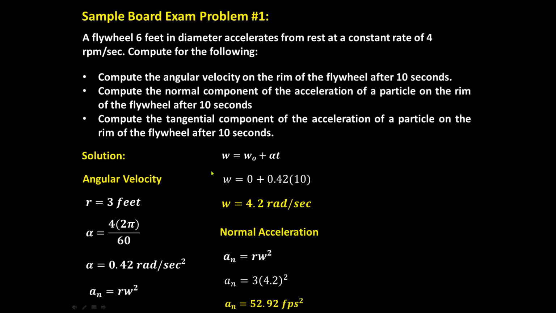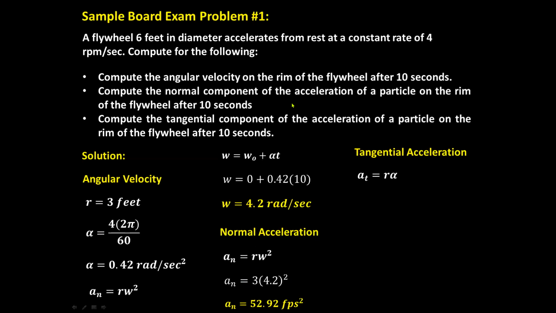Then we can have now the normal acceleration for our second question after 10 seconds. Ibig sabihin, 52.92 FPS after 10 seconds. Yan ang ating normal component of the acceleration of a particle on the rim of the flywheel. And then, para sa ating tangential acceleration, we also have a formula for this.